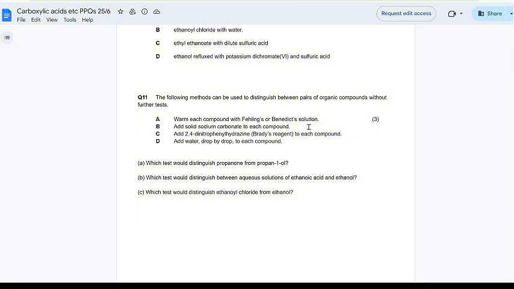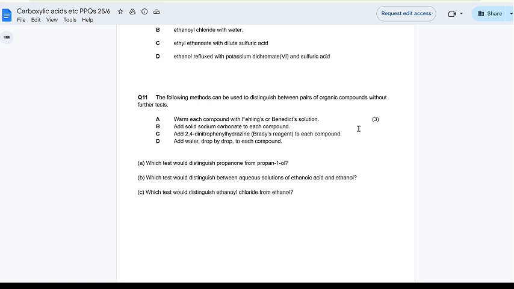Oh wait. Propanone from propan-1-ol, oh, it's just C. I wasn't really reading the question properly. Yeah, propanone's, yeah, it's C here for 11A.